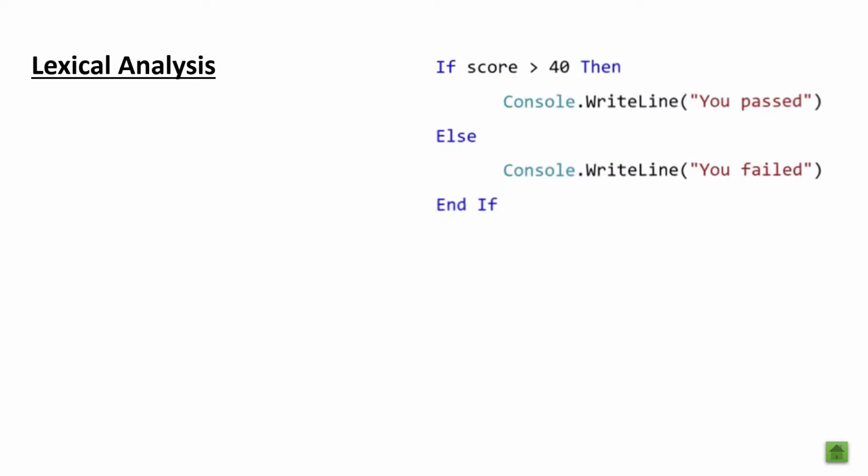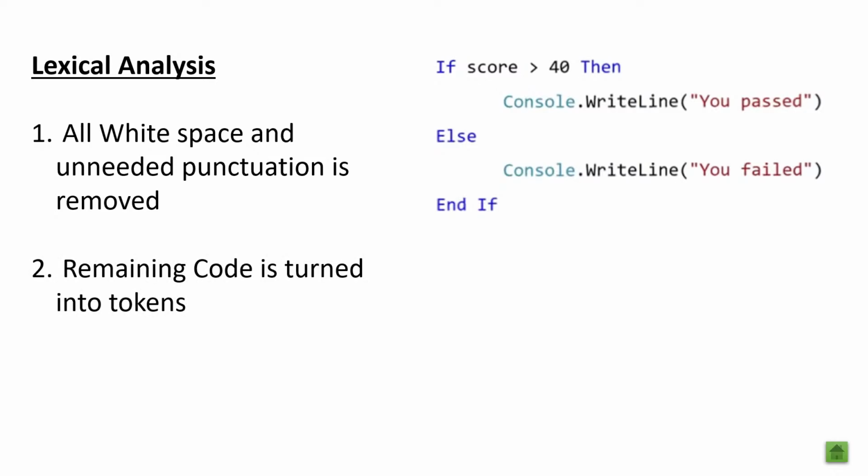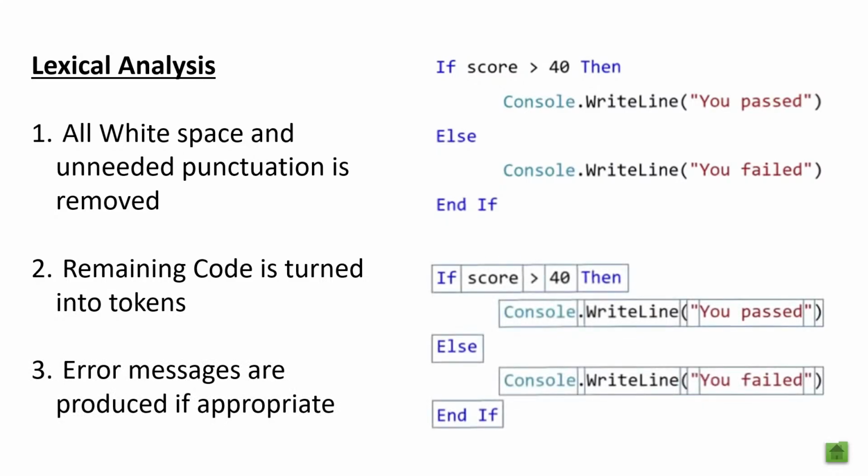After that, all the white space of the code is removed, and so is the unneeded punctuation and comments. Code is turned into tokens, it's tokenized, and then error messages are produced if we can't do that. So the boxes represent tokenized code. It's broken down into individual elements.